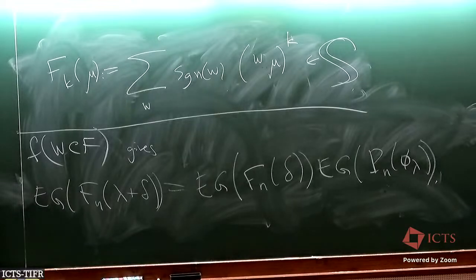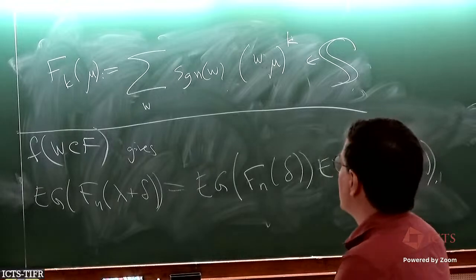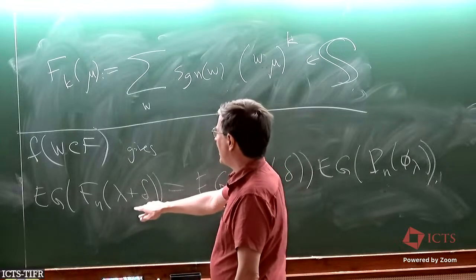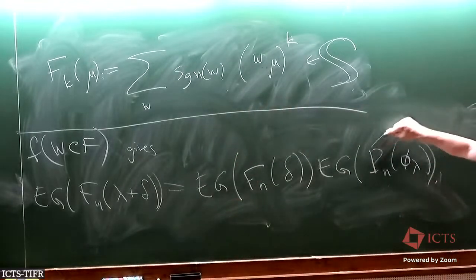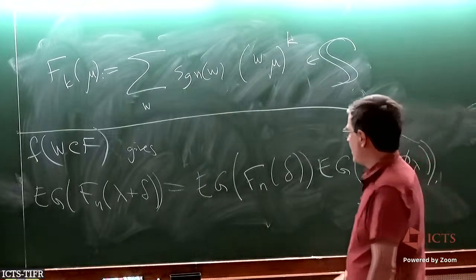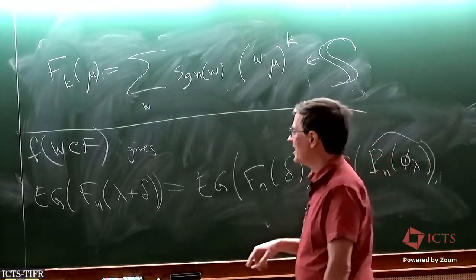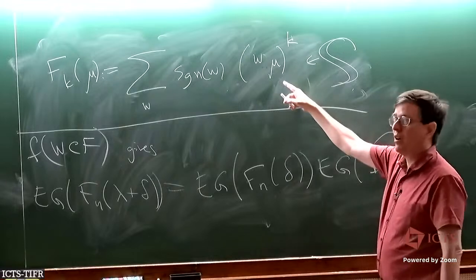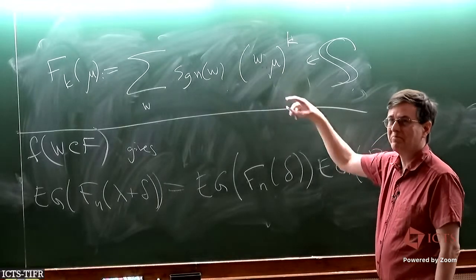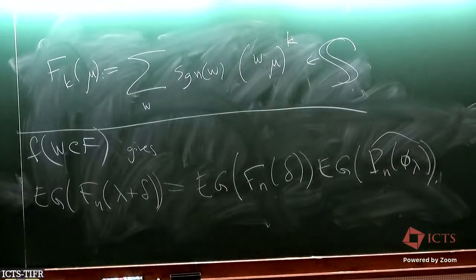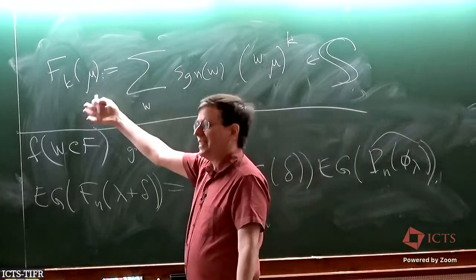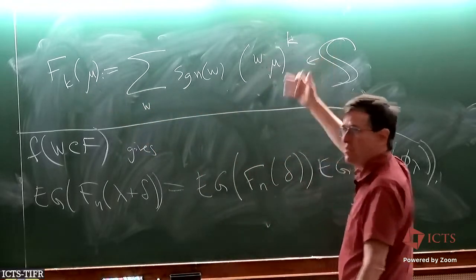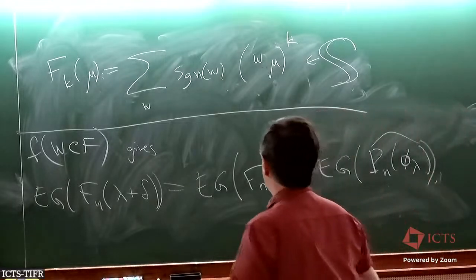I can even right now make some observations. I want to know what this thing is like as a function of lambda. Well, this is constant. This, if I plug in lambda for mu, is obviously a polynomial function in lambda. I mean, fk of mu, in the appropriate sense, is a polynomial function of mu, because each of these things is just raising to a power.